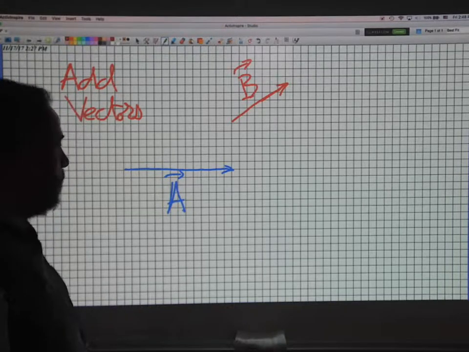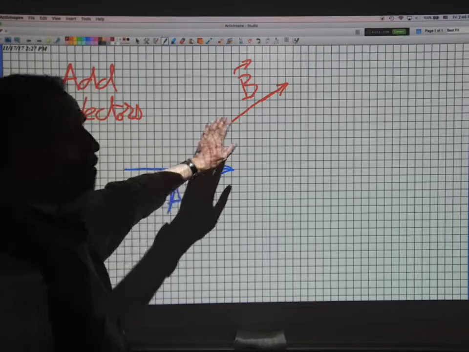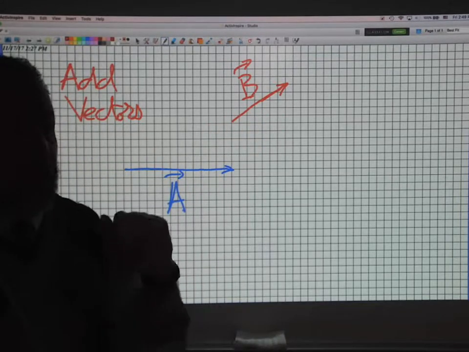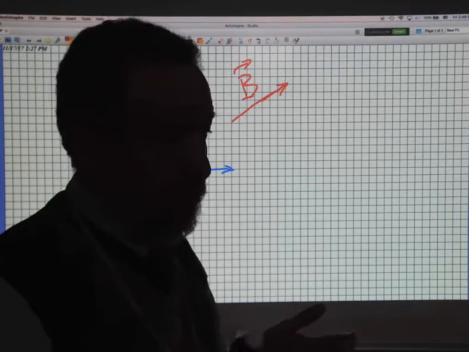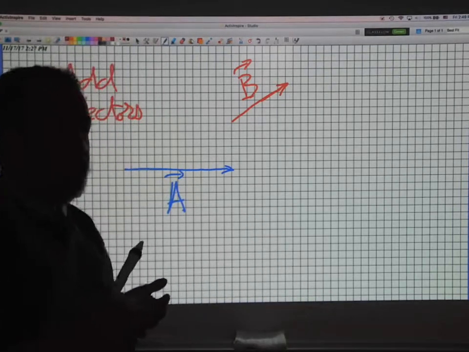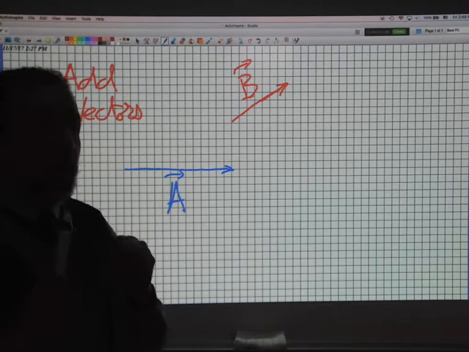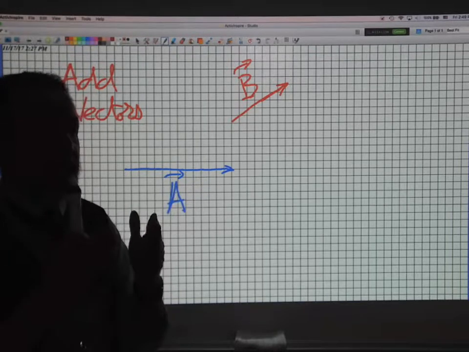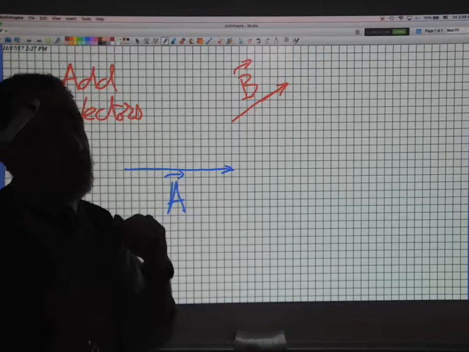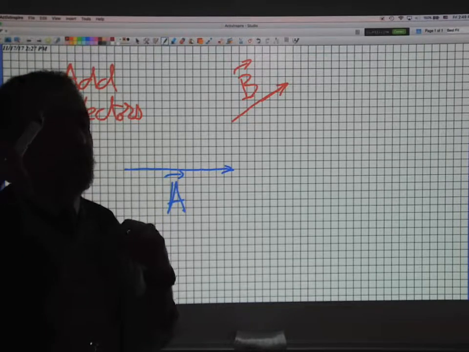So, in this case, if we want to add these two vectors, there are two different methods. You could add them successively, when you are trying to represent successive events, or you could add them simultaneously. If you add them in a sequence, that's what people usually refer to as the tip-to-tail method.